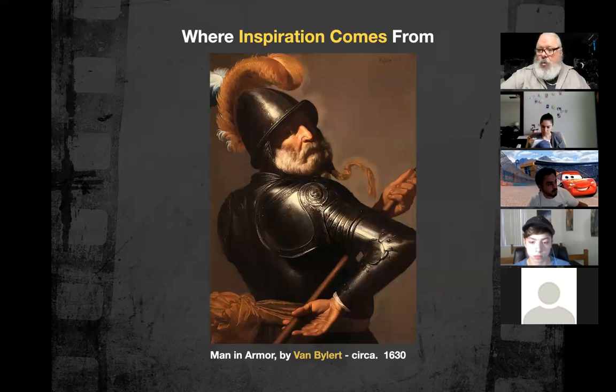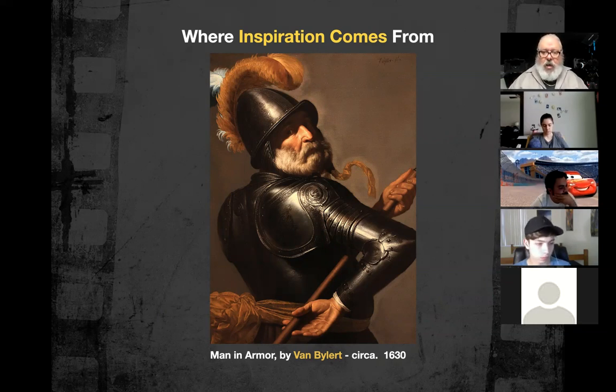So now I want to talk to you about where the inspiration is coming from and show you some examples from similar eras in time. This is 1630. This is The Man in Armor by Van Bielert. And what I found particularly striking about this image was how a guy in 1630 who doesn't even have the benefit of an electric light bulb knows how light and highlights particularly work on subjects with shiny surfaces.